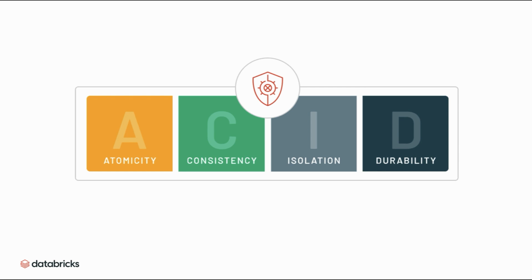That means that data in a table is not updated until a transaction successfully completes, and each transaction will either succeed or fail fully. So in other words, what that transactional guarantee does is it eliminates a lot of the motivations for having both that data lake and the data warehouse in an architecture.